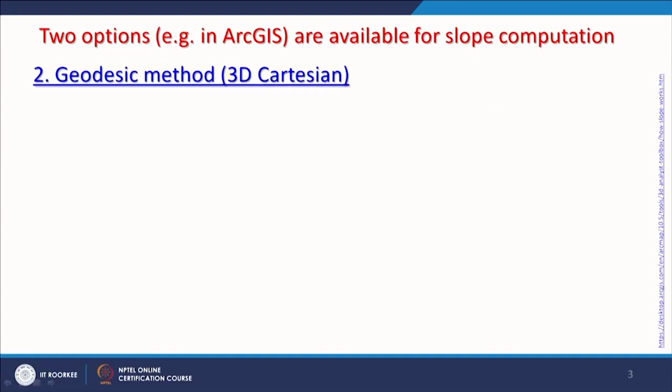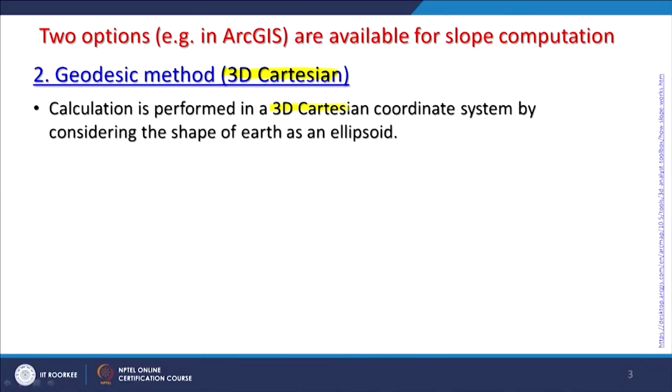Now, another method is the geodesic method or 3D Cartesian method. Here it is not assumed as a plane calculation, but it is 3D. The calculation is performed in a 3D Cartesian coordinate system by considering the shape of the earth as an ellipsoid.